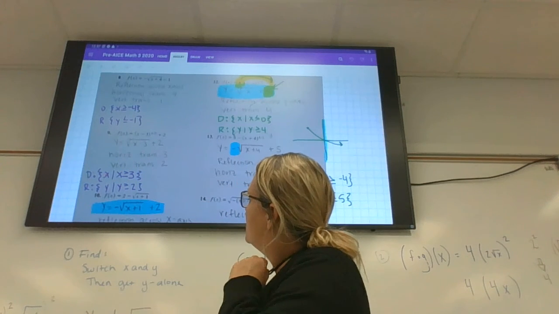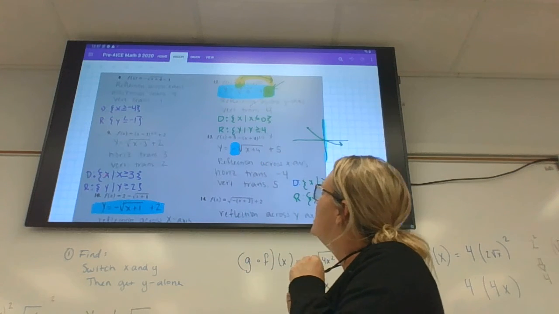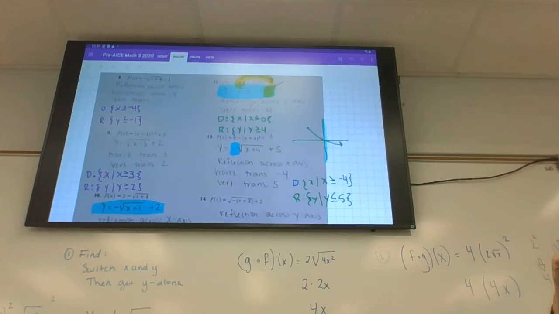Horizontal translation of 3, vertical translation of 2. Number 12, reflection across y-axis because the negative is under the radical, and a vertical translation of 4. Number 13, reflection across x-axis. Horizontal translation -4. Vertical translation of 5.